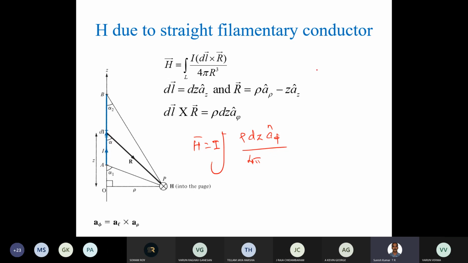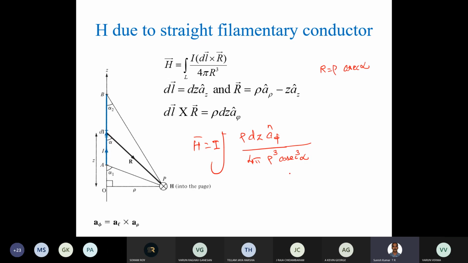What is r we found in the previous step? r equals rho cosecant alpha, so the denominator will be rho cube cosecant cube alpha. But there is still an unwanted z term in the numerator, that dz, which you need to replace. We don't want that.